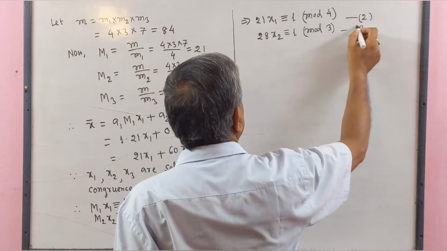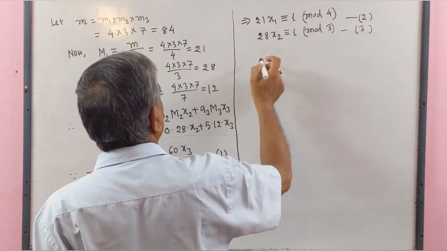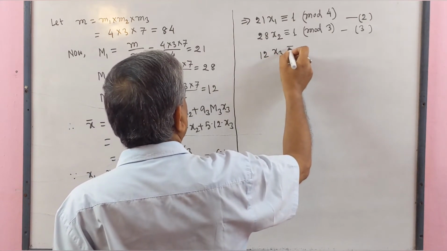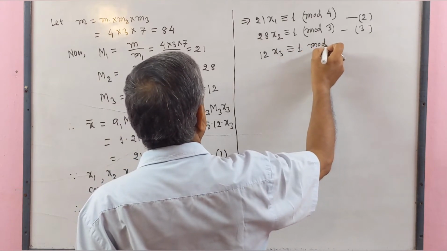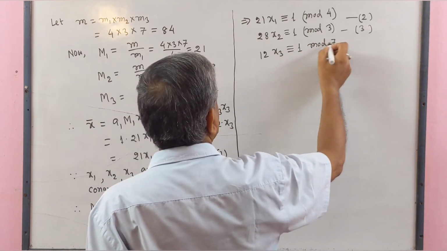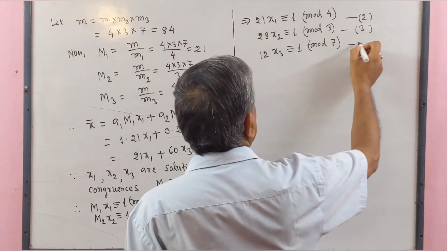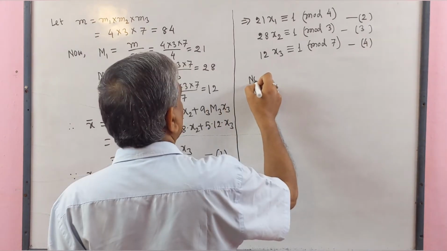This is number 3. Next, capital M3 is 12, x3 is congruent to 1 modulo 7. This is number 4.